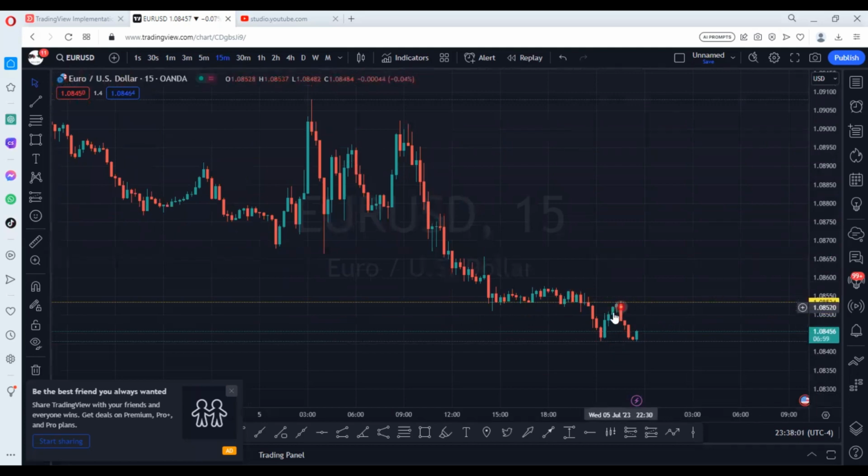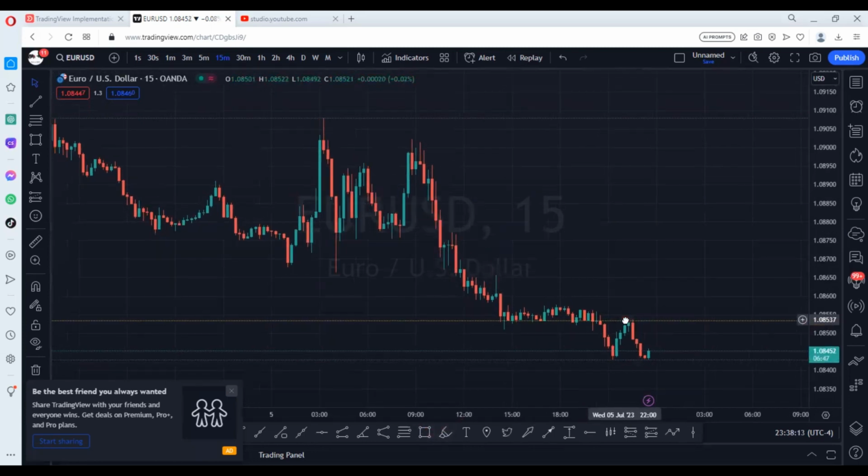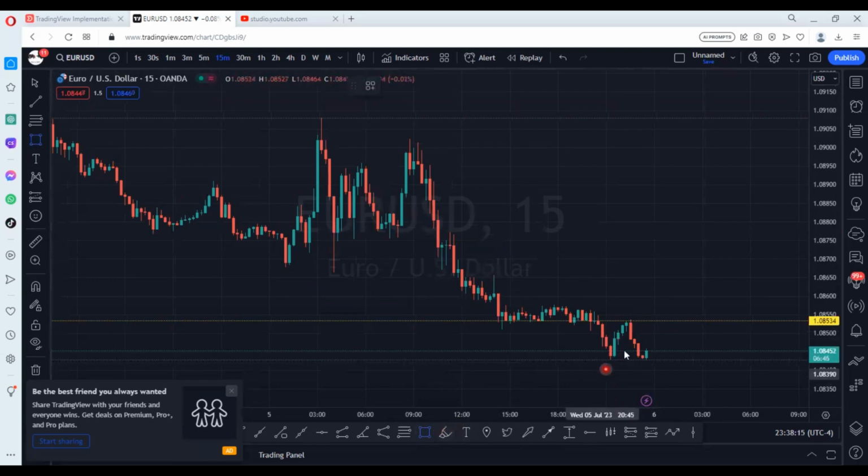The high you are seeing here might not be seen in a higher time frame, but in a lower time frame it is valid. So watch this, this is the high.